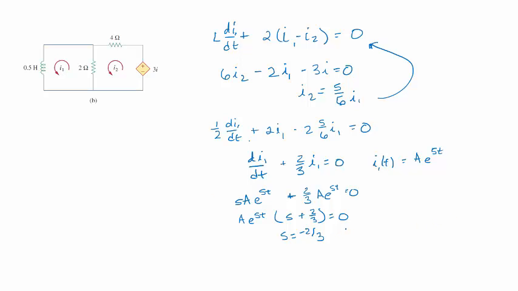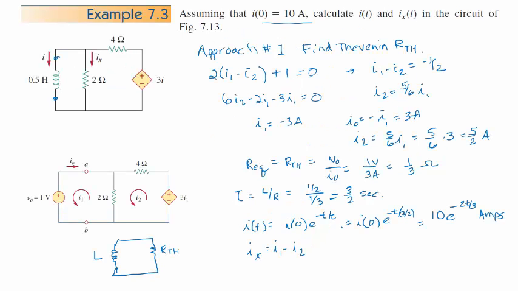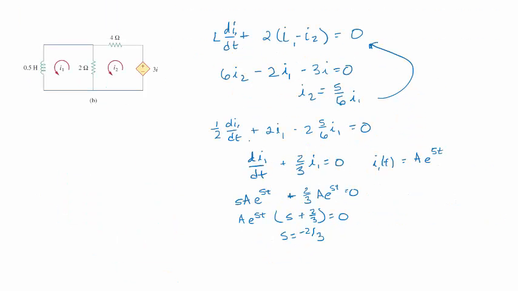Do I have some initial conditions on this? Yes, I think there were some initial conditions. I of 0 is 10 amps, and that is I1 of 0.